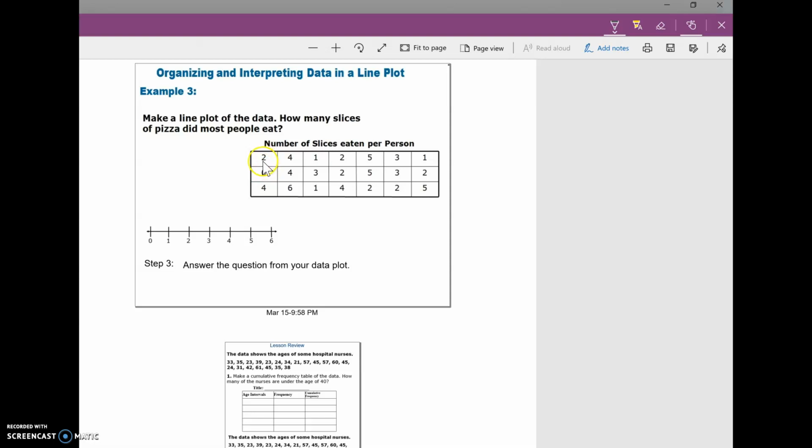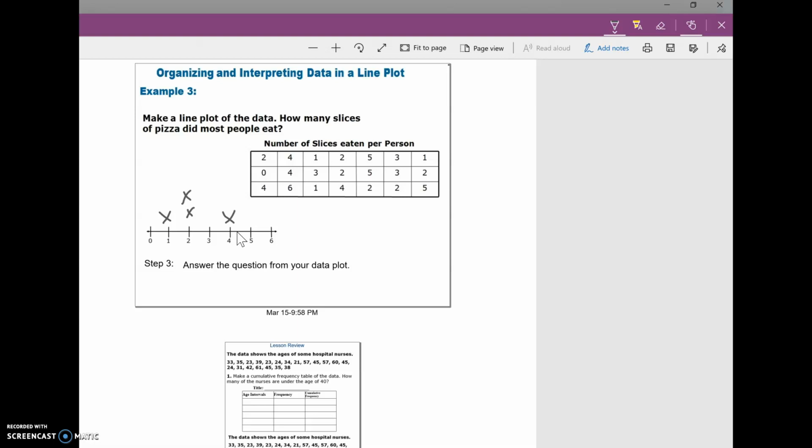So what you do is just go through from left to right or up and down and make sure you get all the numbers and put an X above the number. So I've got 2, 4, 1, 2. So I would do 2, 4, 1, 2.